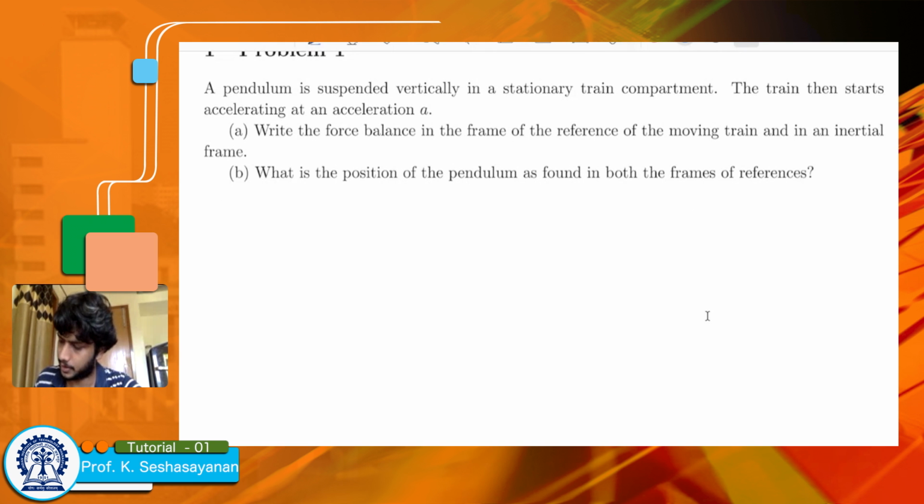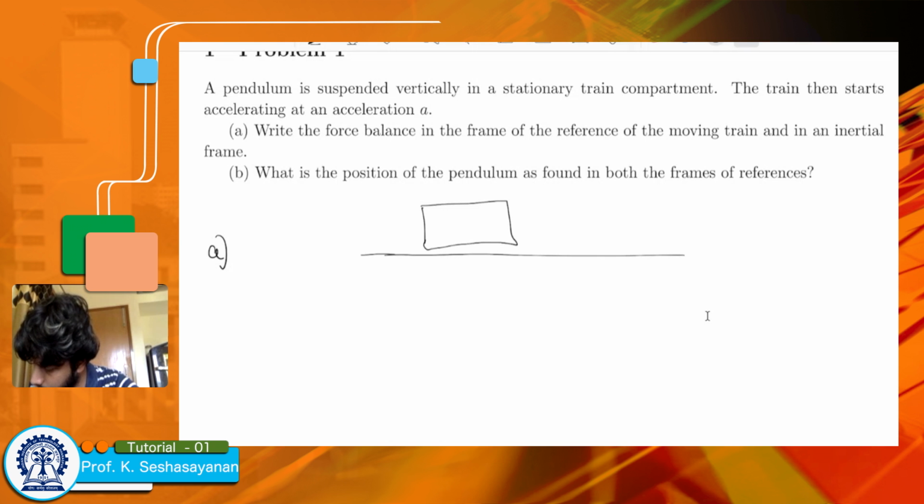So for the first problem, we have a train that is moving on a platform, let's say, and it's moving with an acceleration A. So let's take the acceleration to be along the x direction. So x is horizontal direction, y is in the vertical direction.